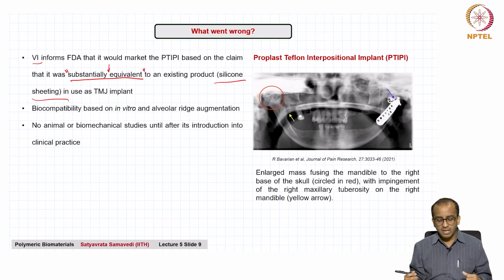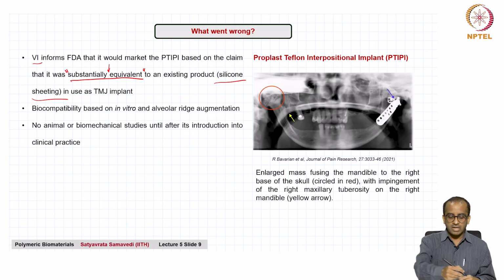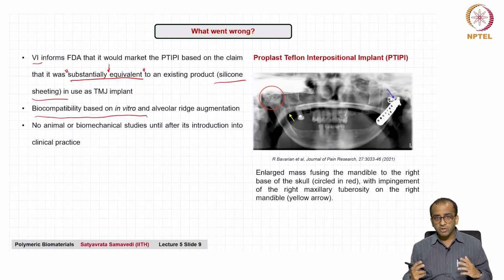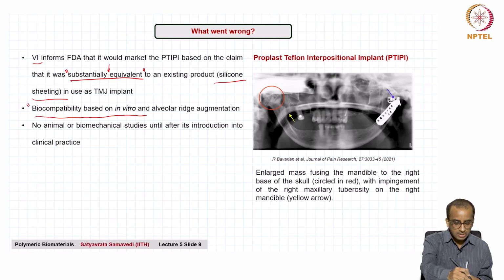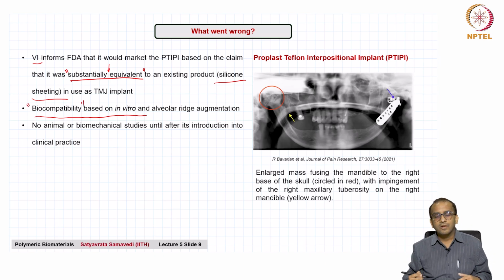More importantly, all of the biocompatibility studies that were done, so-called biocompatibility studies, I have to put them in quotes, because as we saw, biocompatibility cannot be determined based on in vitro evaluation. They claim to have done in vivo evaluation using alveolar ridge augmentation, which is a very different procedure.